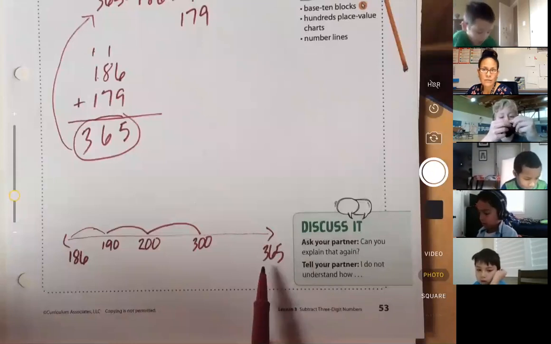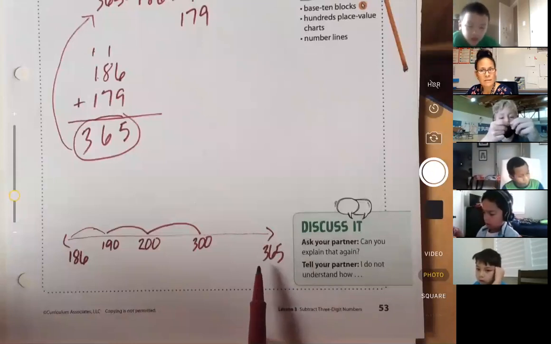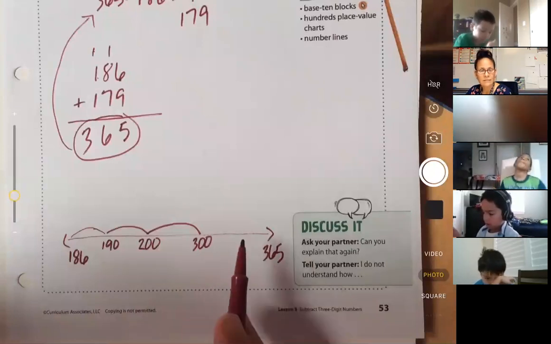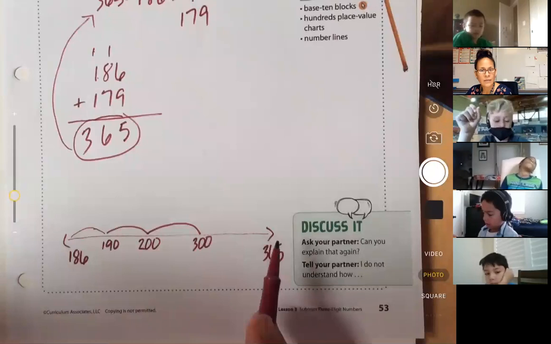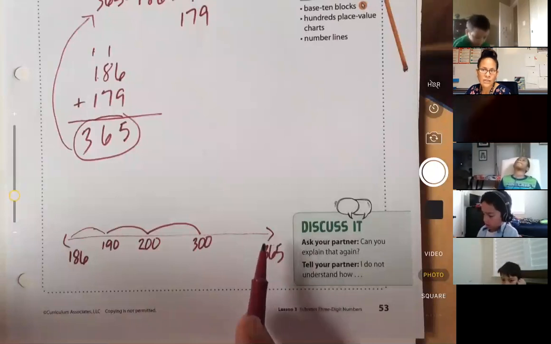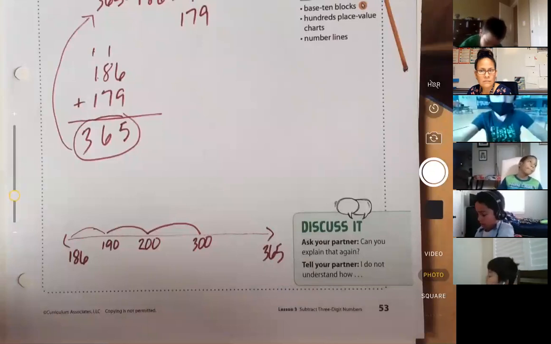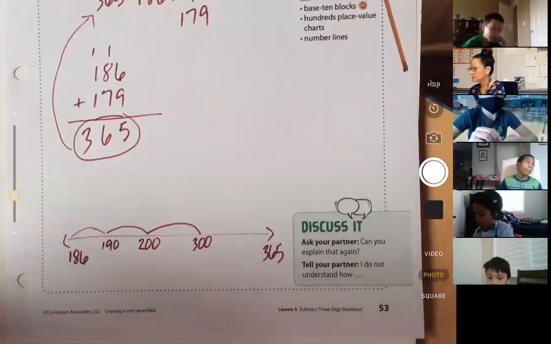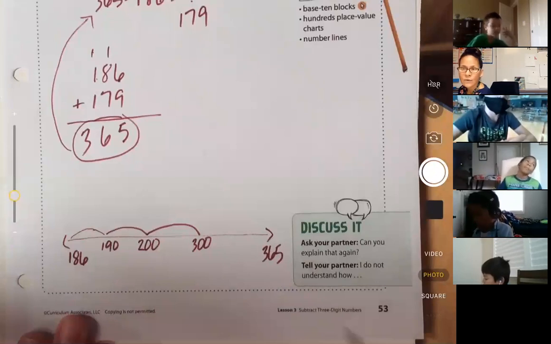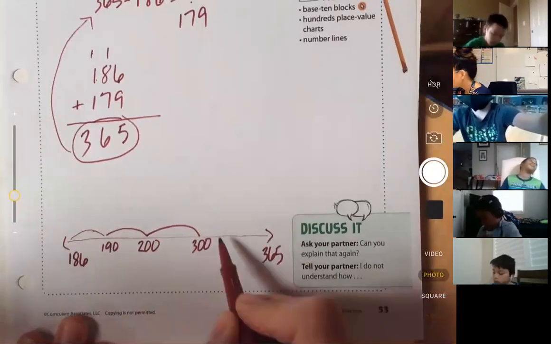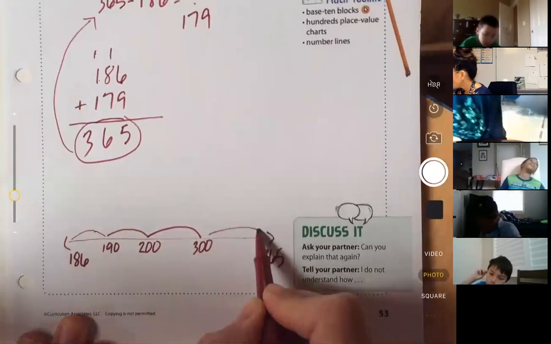Now I could do it in groups of 10s and 1s. I could go to 60 to 360, and then I could add 5 more, or I could just add 65 more. You could do either one. So just for simplicity right now, I'm going to do right to 365.